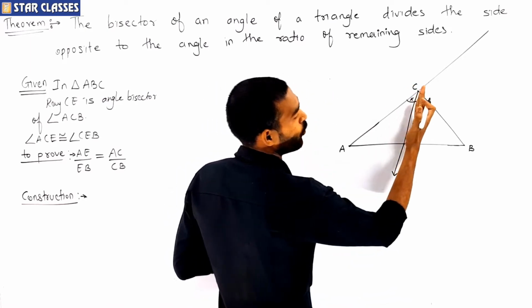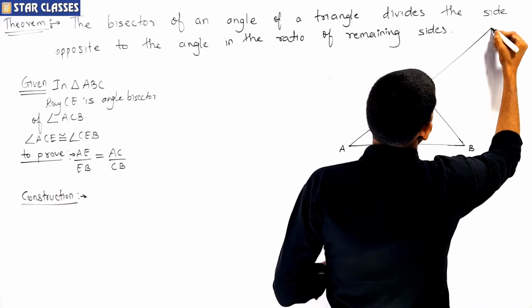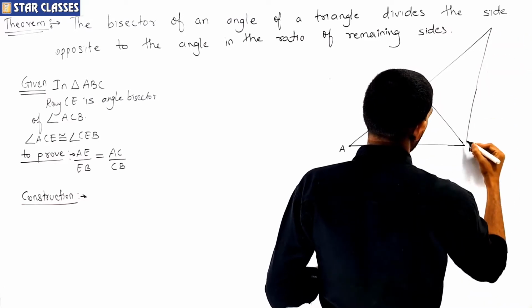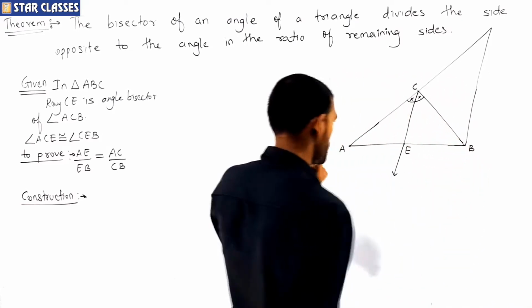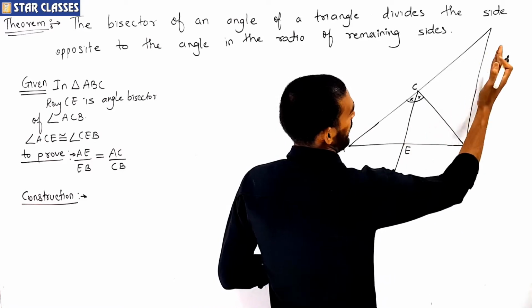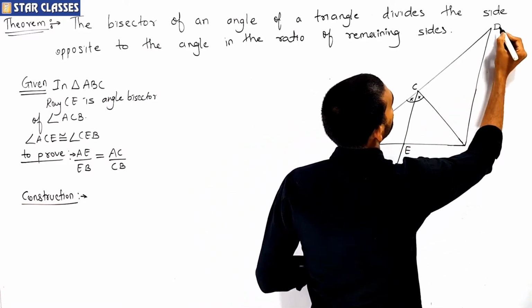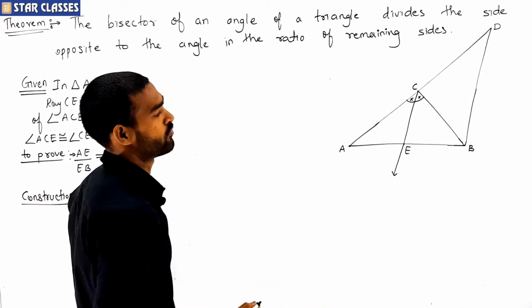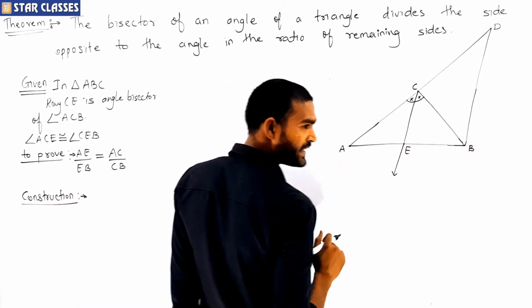So we'll draw one more line parallel to CE. So we are drawing a line parallel to CE. Let us name it BD. So what we have done? We have drawn CE parallel to BD.